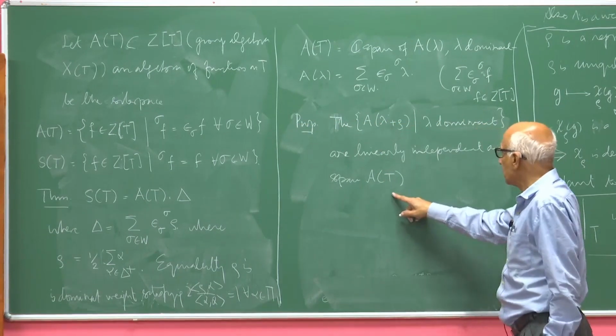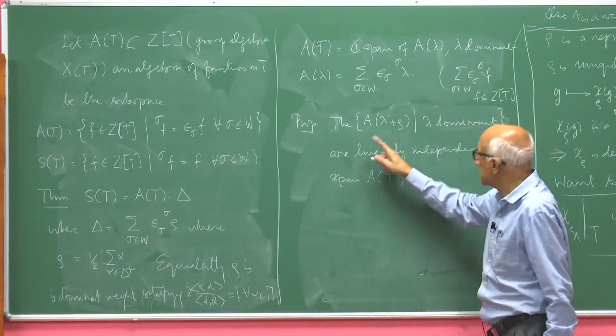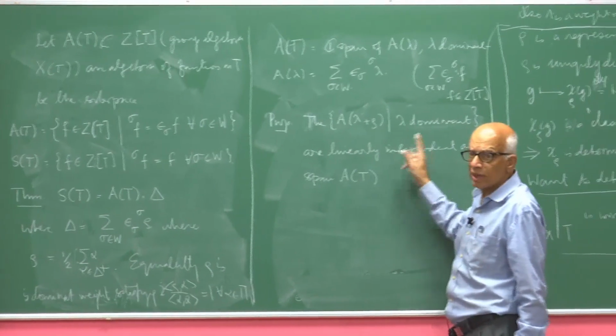Every alternating function which is a linear combination of characters on the torus is necessarily a linear combination of the A lambda plus rho with lambda dominant.